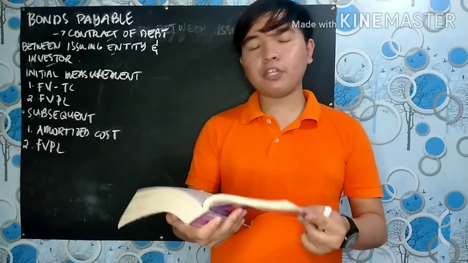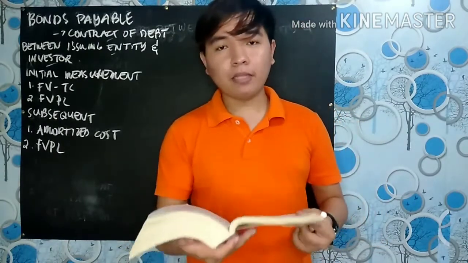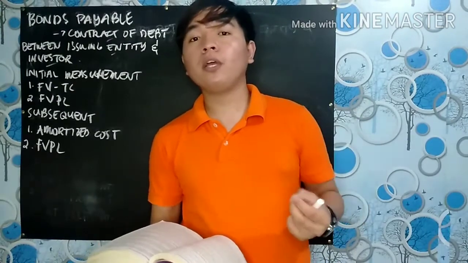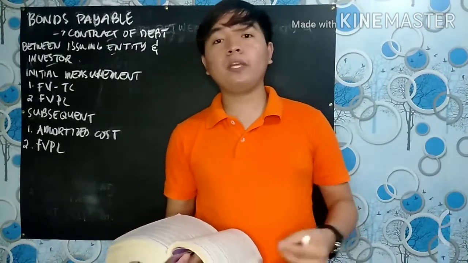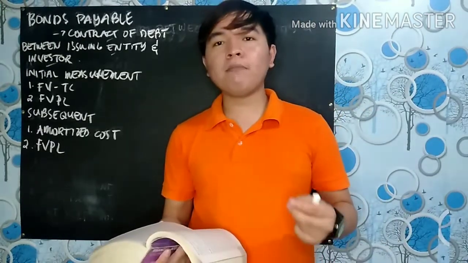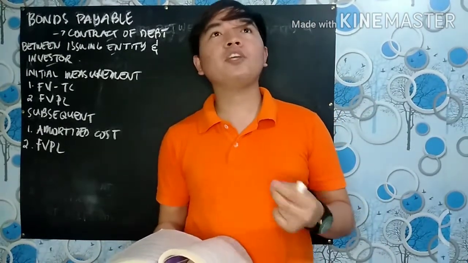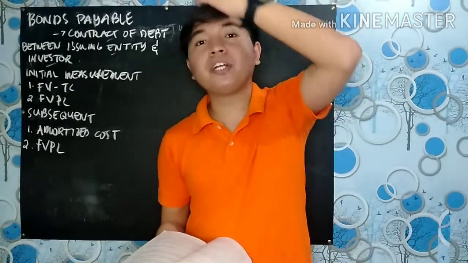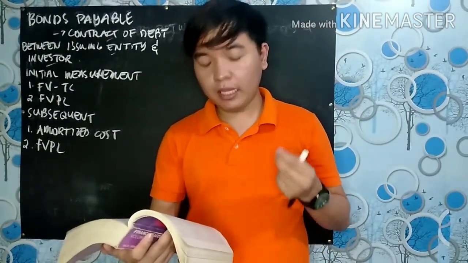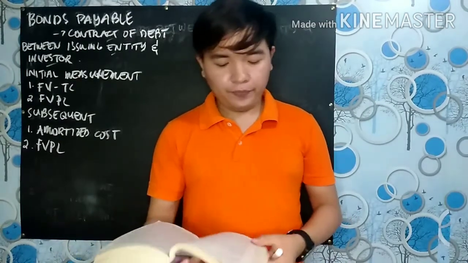Yung difference nila, ito naman, unregistered bond naman to. So, yung bondholder, hindi siya recorded doon sa book ng issuing entity or ng issuing corporation. So, sino yung mabibigyan, sino yung makaka-receive ng interest? Of course, the bondholder na may hawak ng coupon, okay? Or detachable interest coupon. Okay?